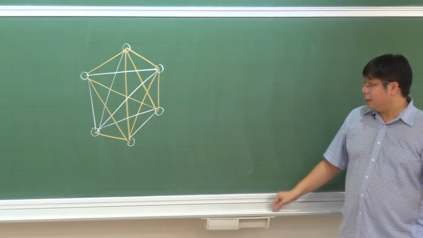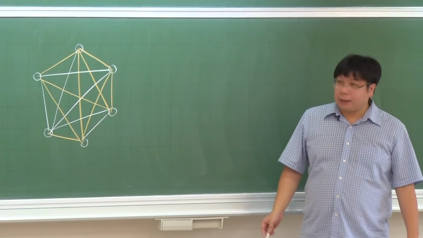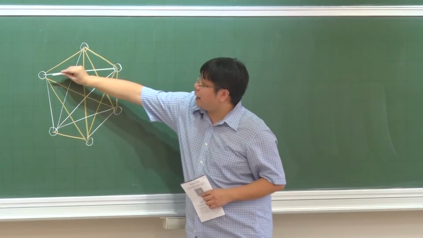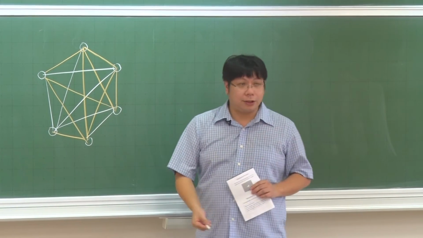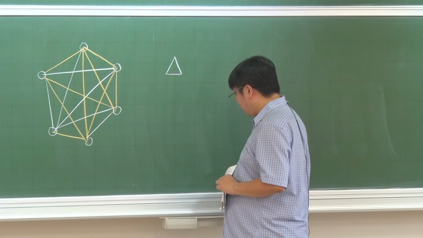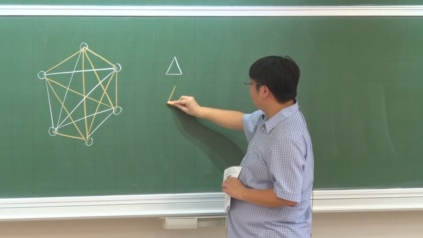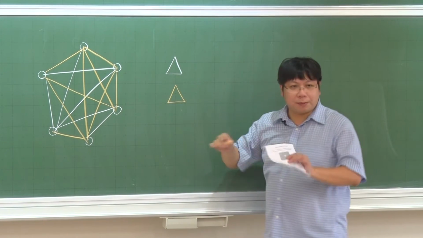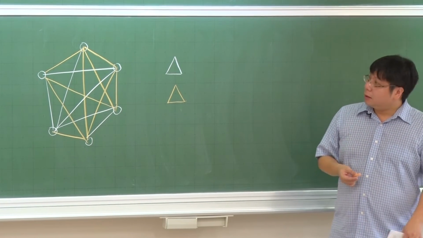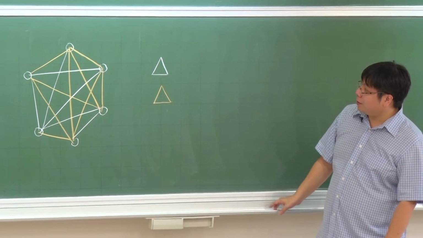Okay. So we want to claim that inside this, no matter how you color these edges, you must be able to find either a white triangle or an orange triangle. So there must be some white triangle or some orange triangle inside. So do you find the white triangle?